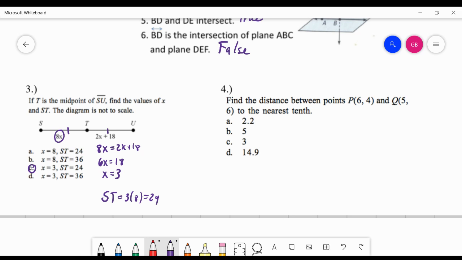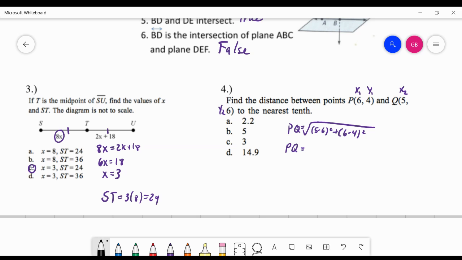Number 4, the distance between points P (6, 4) and Q (5, 6) to the nearest tenth. Okay, so let's use our distance formula from P to Q. This is x1, y1, x2, y2. So let's subtract the x's. 5 minus 6 squared. And then subtract the y's. 6 minus 4 squared.